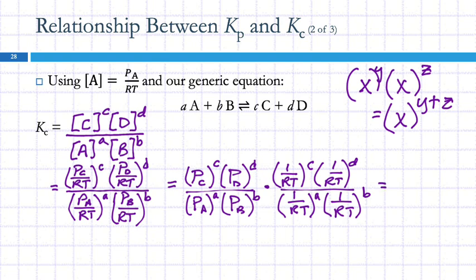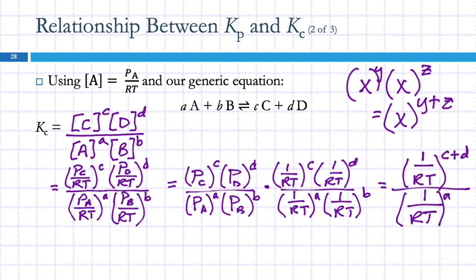So I can simplify this then and say, well, this is 1 over RT to C plus D, 1 over RT, A plus B. Well, not quite, because I can't leave this part out. So let's fix that.